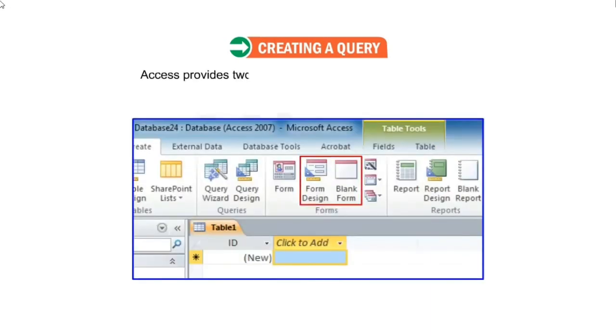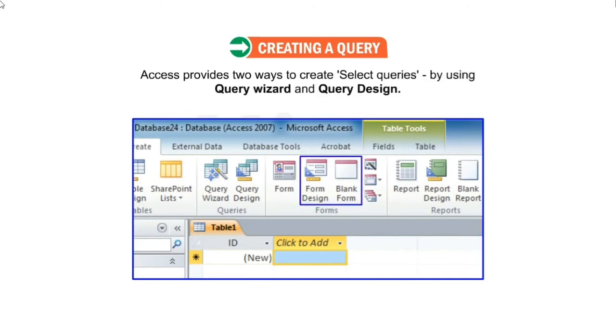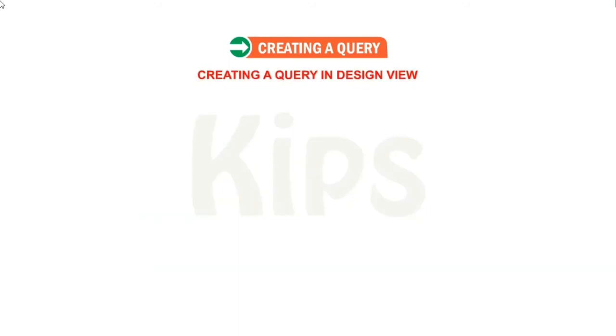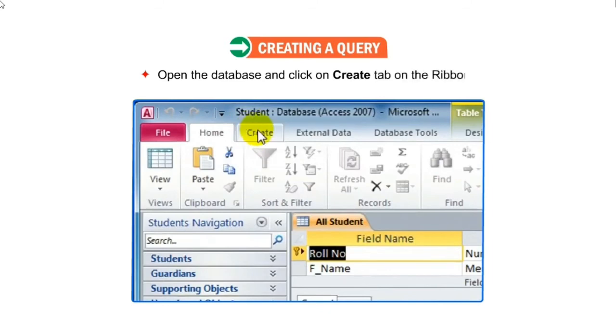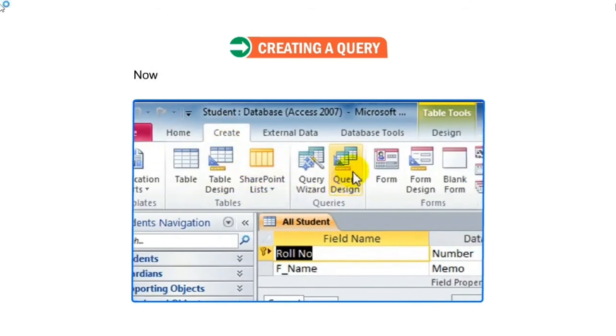Creating a query. Access provides two ways to create select queries: by using Query Wizard and Query Design. Creating a query in Design View. Design View gives us more control over a query. Open the database and click on the Create tab on the ribbon.